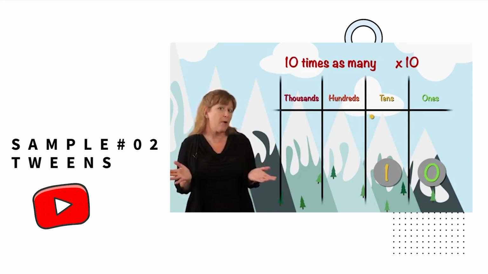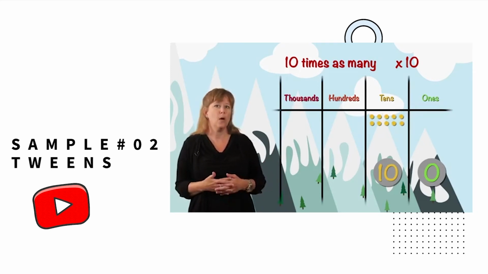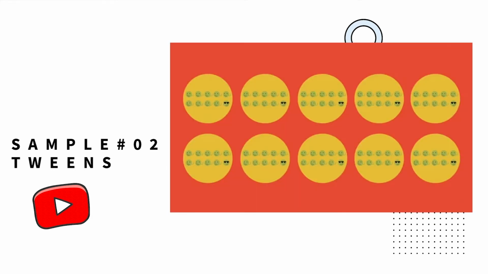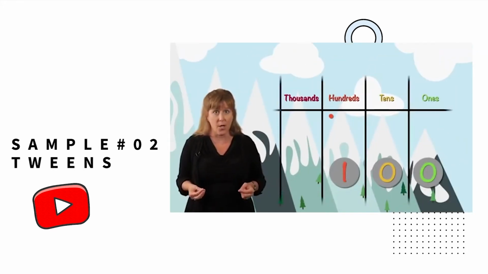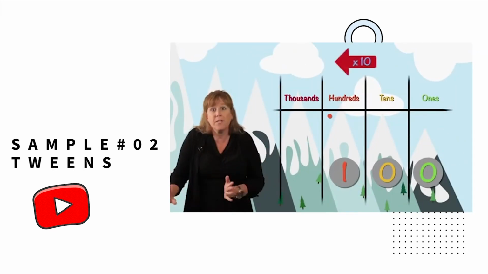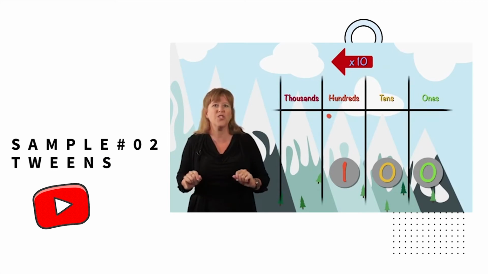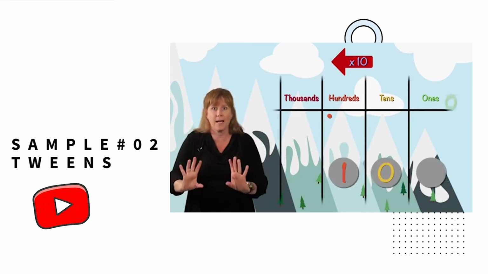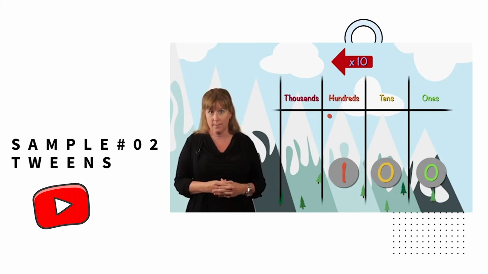Now what if we count up 10 tens? We bundle. Now we have 1 disk in the hundreds. So when we multiply by 10, we're just shifting everything 1 column to the left. It's like we're taking this 0 and adding it to the end of the number.